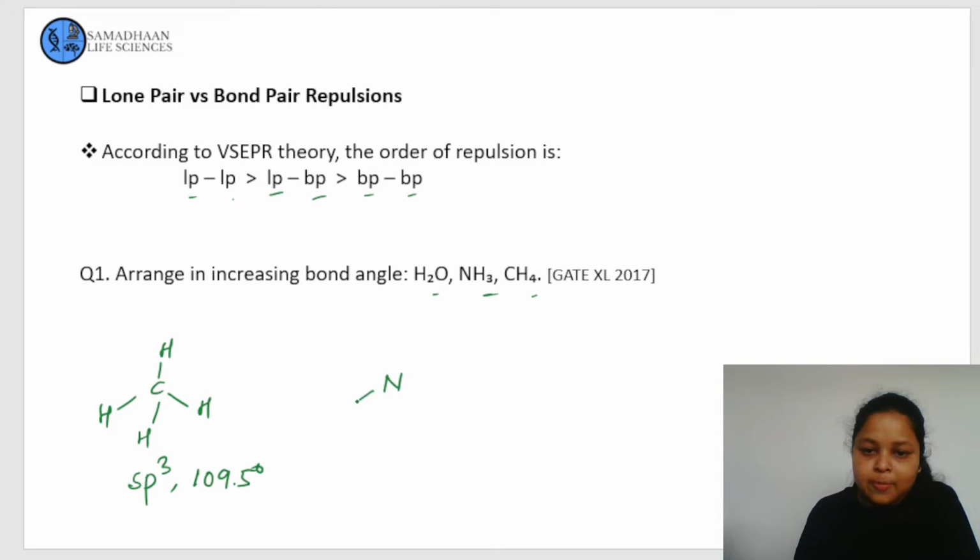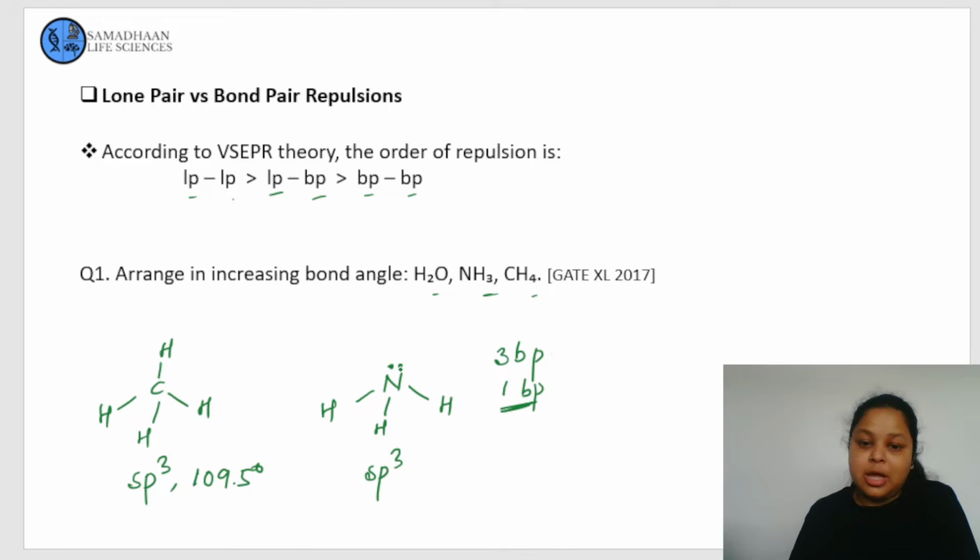For ammonia, the central atom is also sp3 hybridized. Why? Because there are three bond pairs, three nitrogen hydrogen bonds, and one lone pair on the nitrogen. So a total of 4 electron pairs are there. So we will take this as sp3 hybridization, and then this lone pair will occupy one space like one bond pair, but this lone pair takes more space, and this pushes the bond pairs closer to each other, away from it.